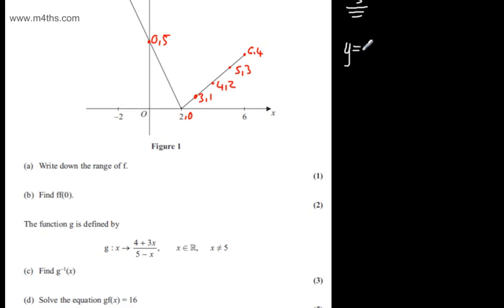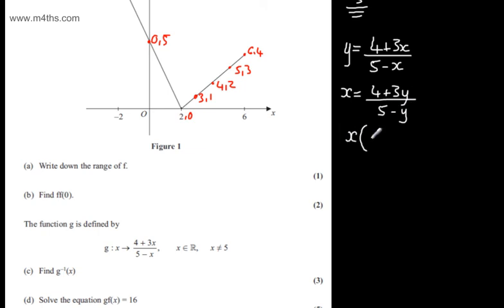I'm going to let y be equal to (4 plus 3x) over (5 minus x). I'm going to swap the x's and the y's and make y the subject. So x will be equal to (4 plus 3y) over (5 minus y). Multiplying both sides by the denominator, we'll have x times (5 minus y), and that's going to be equal to 4 plus 3y.